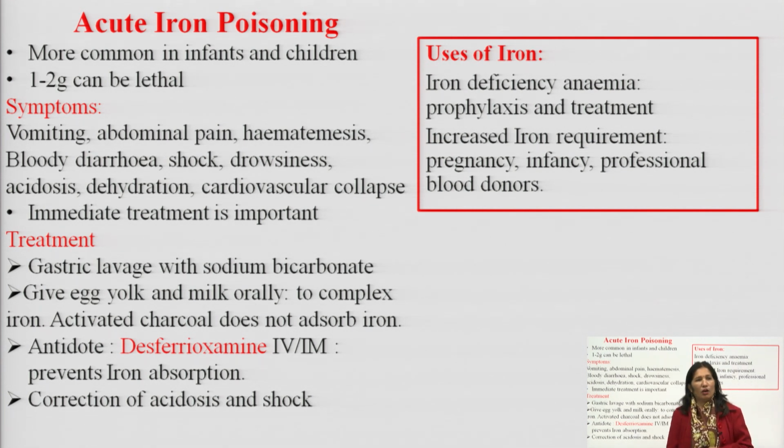Symptoms of acute iron poisoning are vomiting, abdominal pain, hematemesis, that is blood in vomiting, bloody diarrhea, shock, drowsiness, acidosis, dehydration and cardiovascular collapse. So, immediate treatment is required for acute iron poisoning.